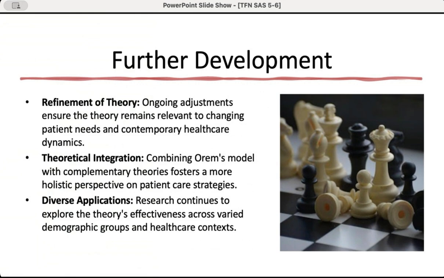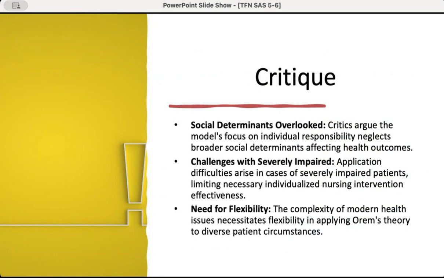Okay. We also have critique of the theory, which is something to do with the argument that the model focuses on individual responsibility and neglects broader social determinants affecting healthcare outcomes, because it just focuses more on the patient.